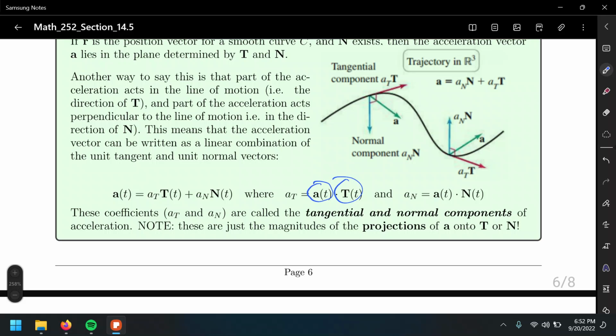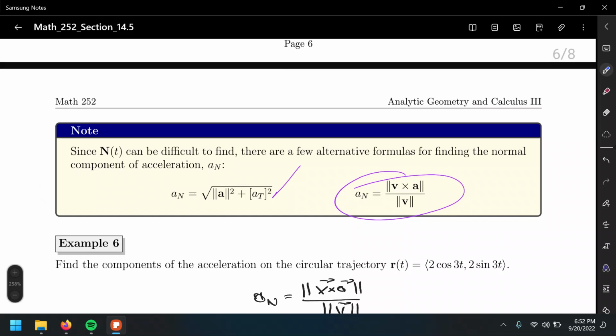So lucky for us, again, we have alternatives for the normal component of the acceleration. In this case, we found the tangential because we need it for the other component. And in this case, all we do is use the square of the acceleration vector and the square of the tangential component, which is the one that we will calculate first.